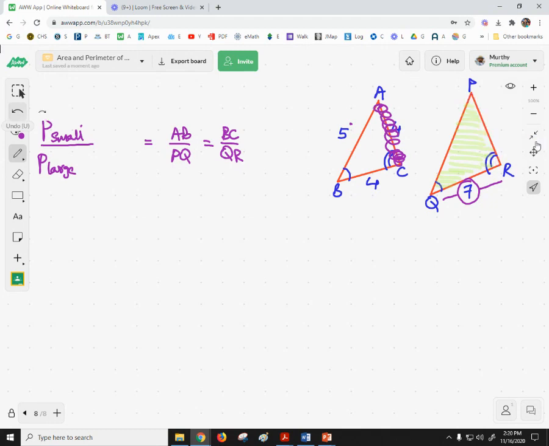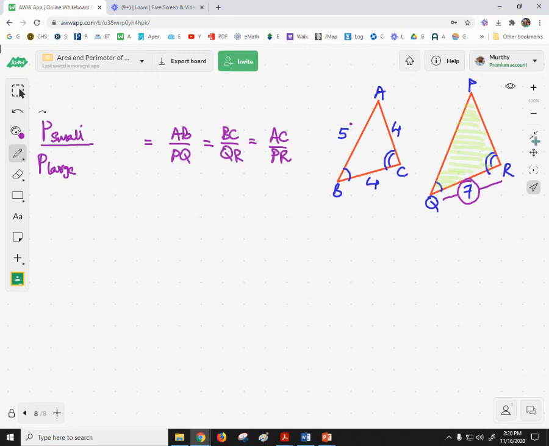Again, you may get a doubt: do we have to take the same order? It depends. If you take the numerator as the small triangle, then you have to take all the sides of the small triangle in the numerator, and if you take the denominator as the large triangle, then all the denominators should have the measures of the large triangle sides.